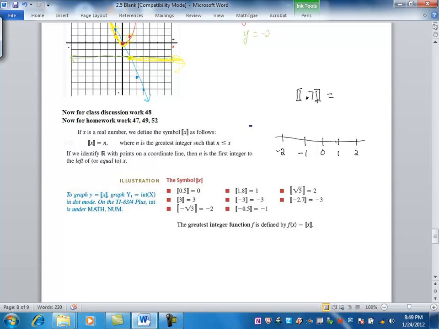The greatest integer less than or equal to 0.7 is 0. If I have the greatest integer of 1.2, here's 1.2 on a number line. The greatest integer less than or equal to 1.2 is 1.